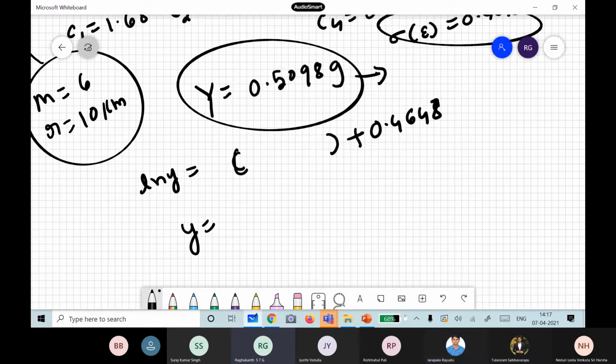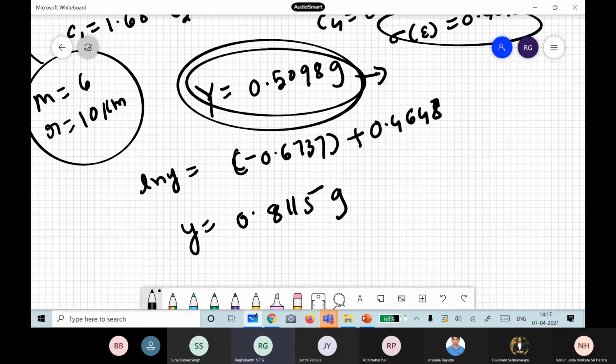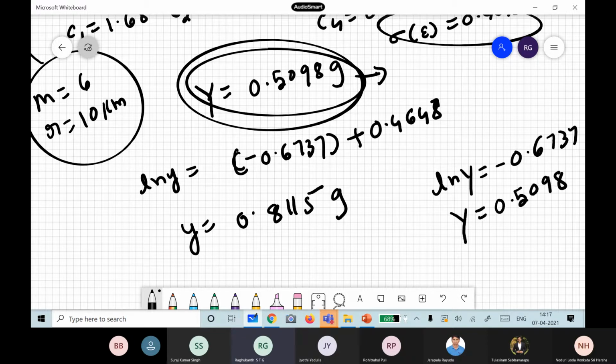This turns out to be minus 0.2089, and inside, the previous one was log y equals minus 0.6737, and y is 0.5098 g. This is the mean value.